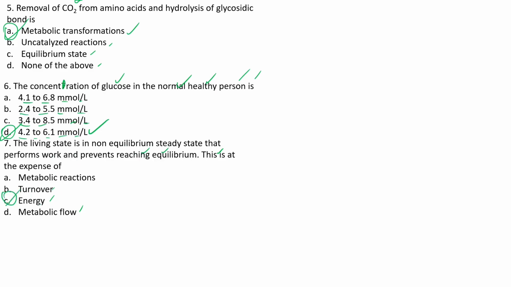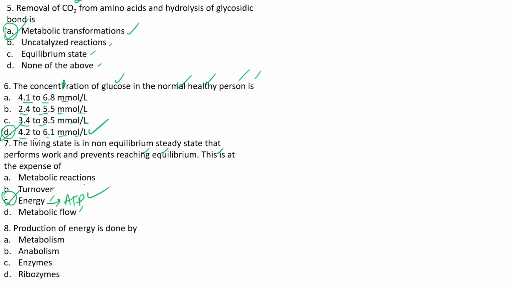Hence we can say C is going to be our right answer, and energy is mainly stored in the form of high energy bonds, and this molecule we know as the ATP. Hence ATP is also called as the currency of the cell.